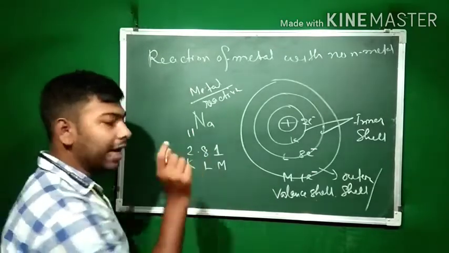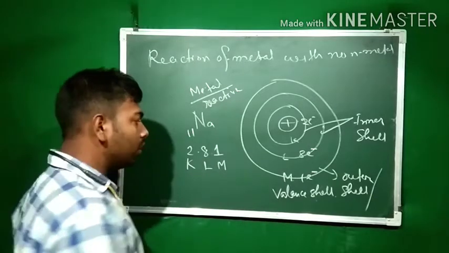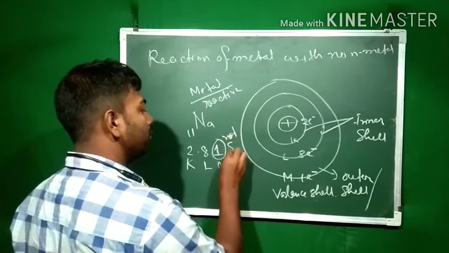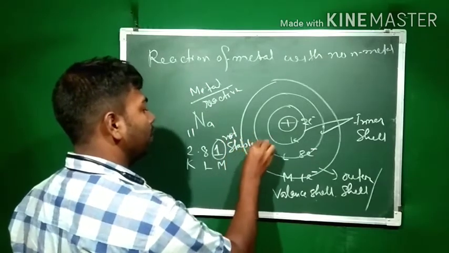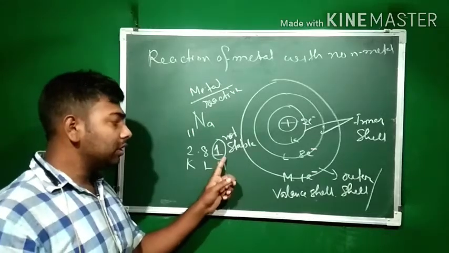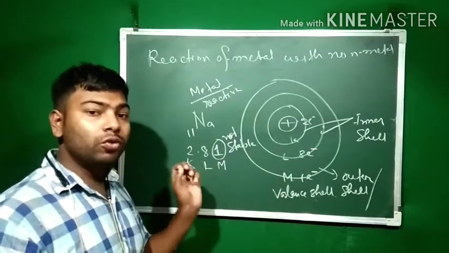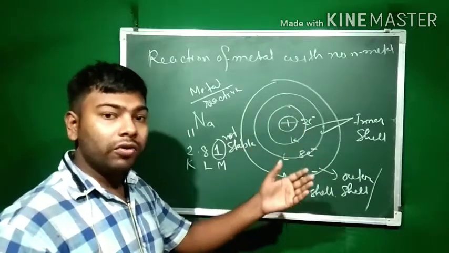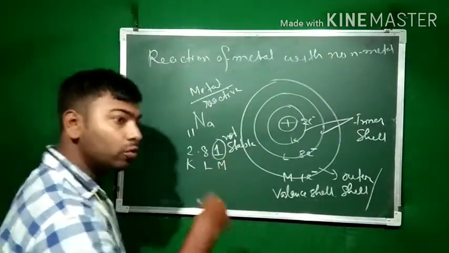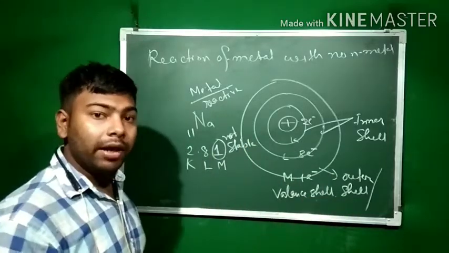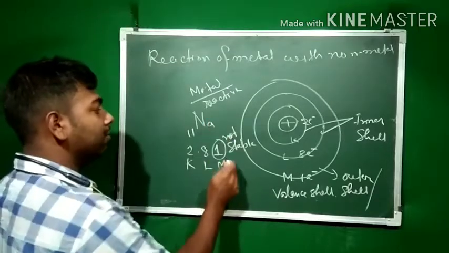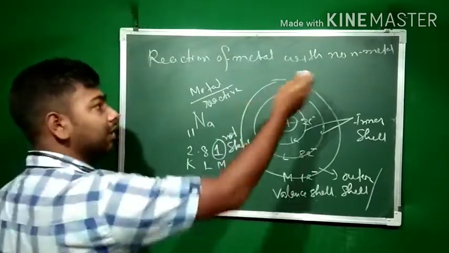This 1 electron is alone, so it is not stable. That's why this 1 electron wants to transfer, or you can say it wants to give itself to another element to form a bond. That's why metals are more reactive than non-metals.